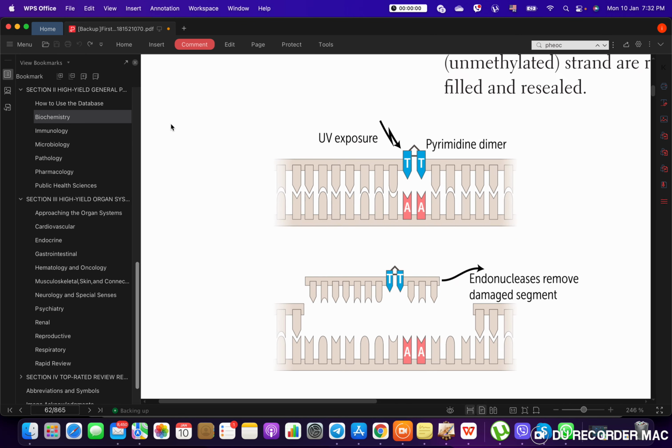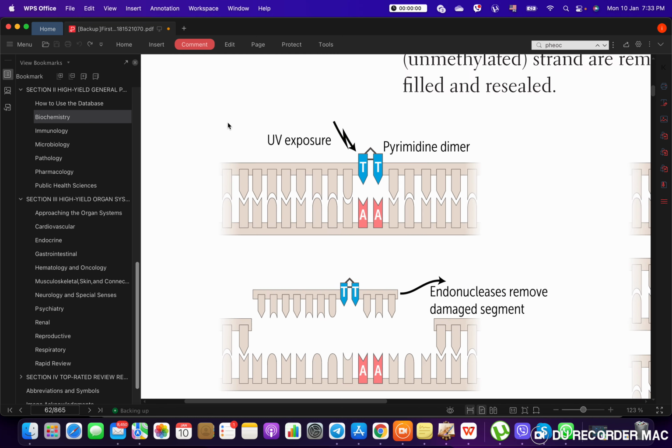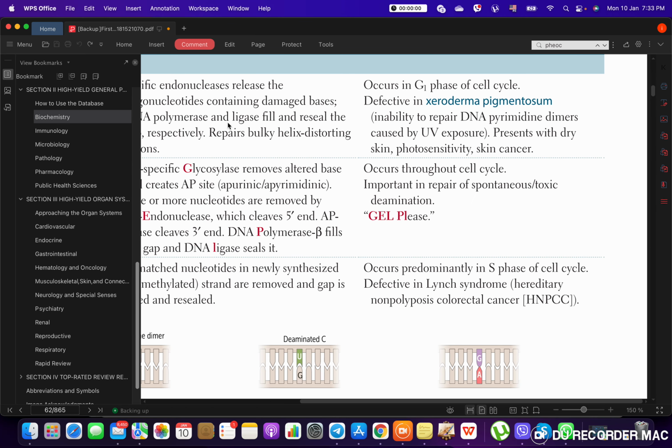So if we cannot do nucleotide excision repair, can we have a protective mechanism against the pyrimidine dimers formed by UV light? The answer is absolutely no. So what should we tell our patient with xeroderma pigmentosa?